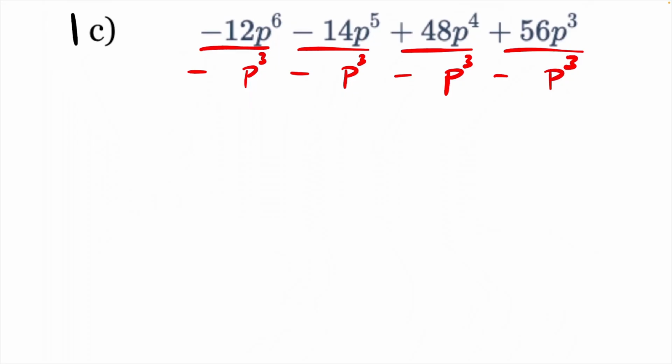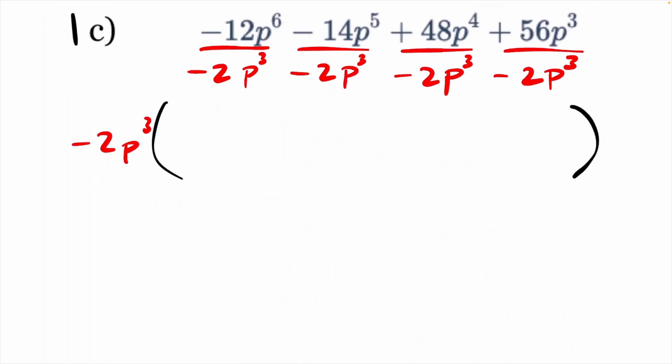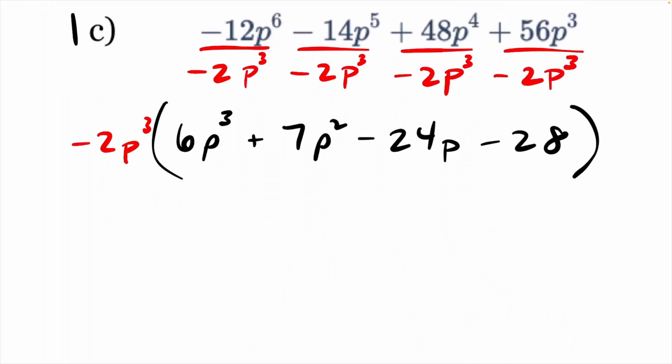I don't think 4 goes into 14 evenly, so it's just 2. So that is our GCF. So we get 6p^3 plus 7p^2 minus 24p minus 28 when I divide them all.